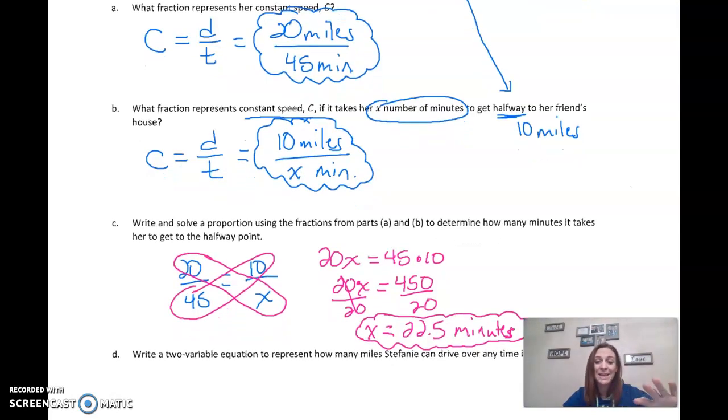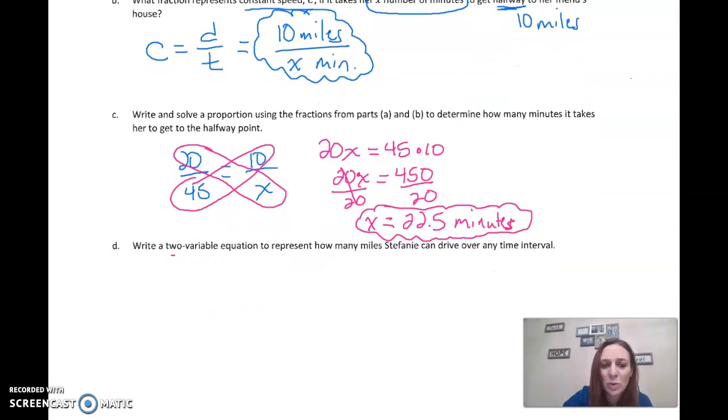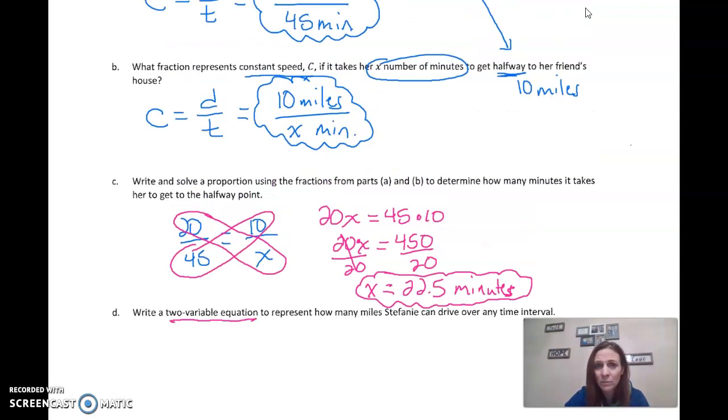Now we can do this again, but this time we're going to come up with an equation. Notice it says write a two-variable equation to represent how many miles Stephanie can drive over any time interval. Well, our time interval is x number of minutes. So we're going to say x minutes.